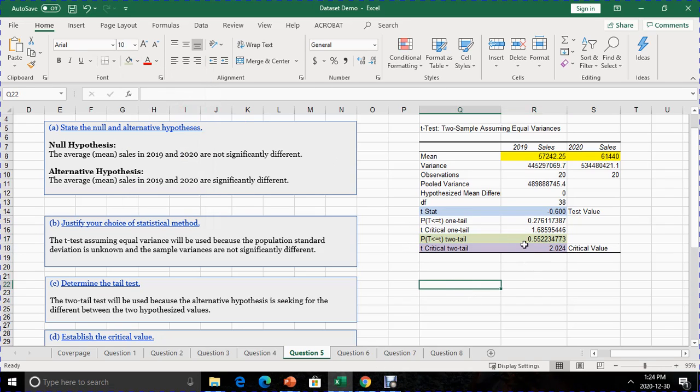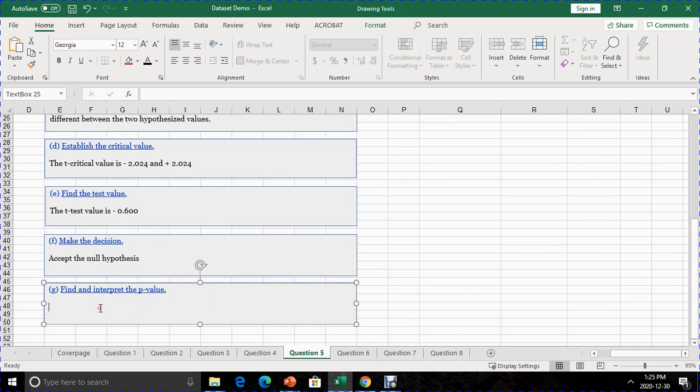So we have a p-value of 0.552. Now we have to multiply this by 100 to put it in a percentage.